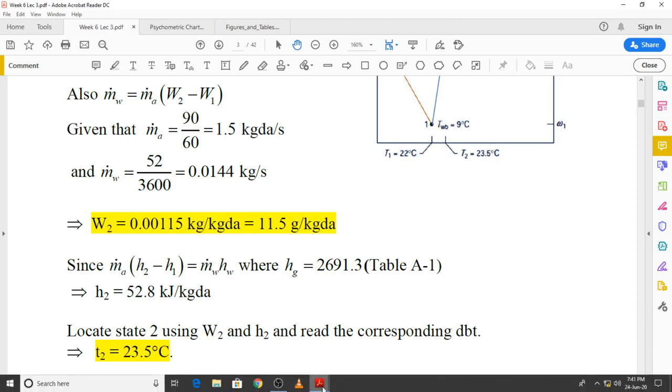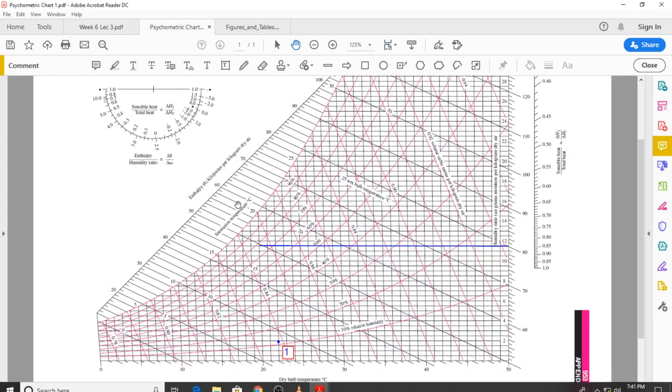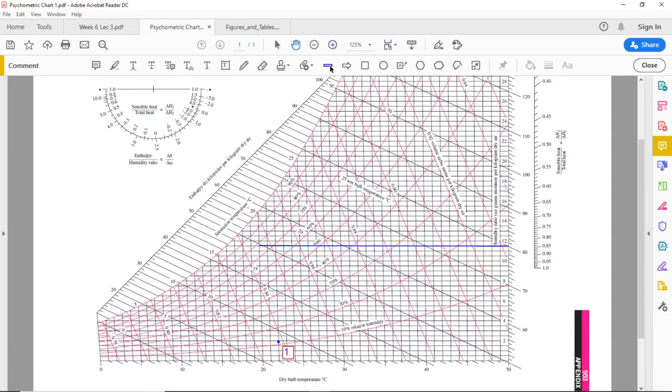Now you go back to the psychrometric chart and then draw a constant enthalpy line which corresponds to a value of 52.8 kilojoules per kilogram dry air. So 52.8, we are almost close to 53.